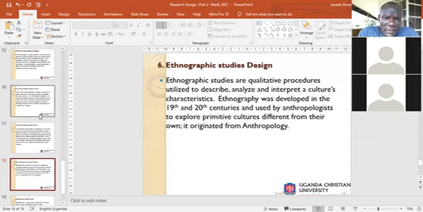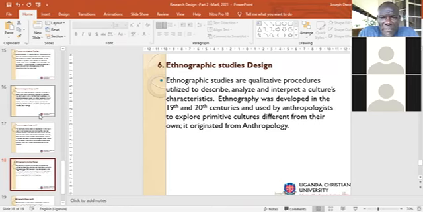And I think this is also coming from the West. Because when the Western people came to Africa, for example, they found a difference between their cultures and those of the Africans. So now they said, how do we understand African culture?